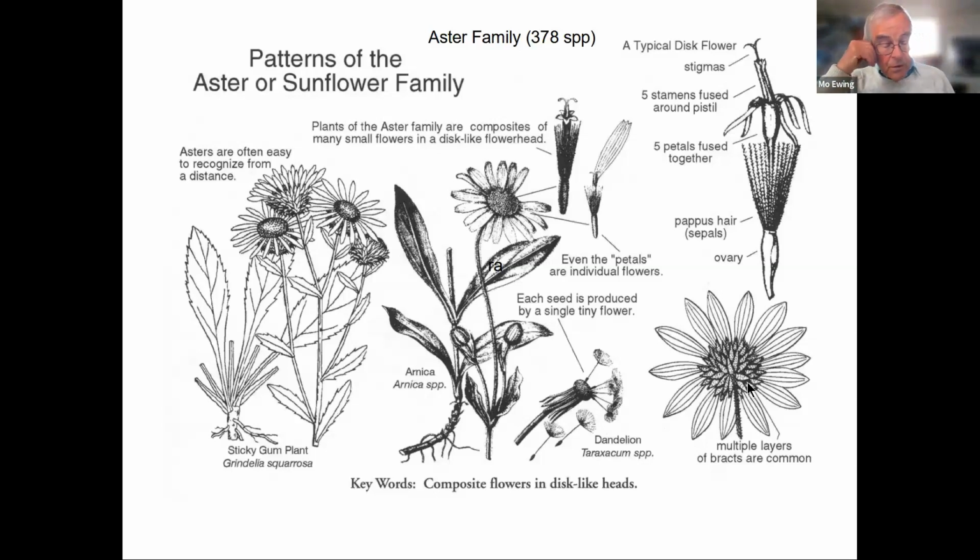Elpel describes 13 tribes of sunflowers. But the problem with his treatment is he doesn't tell you how they're different, so it's not as useful as it should be.